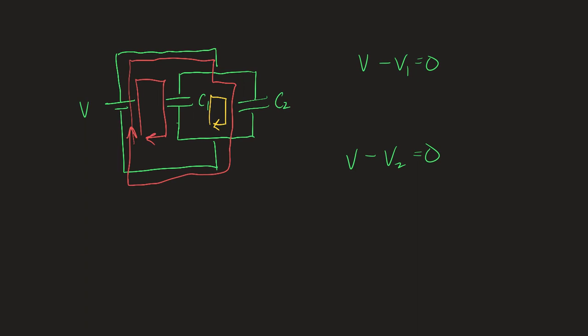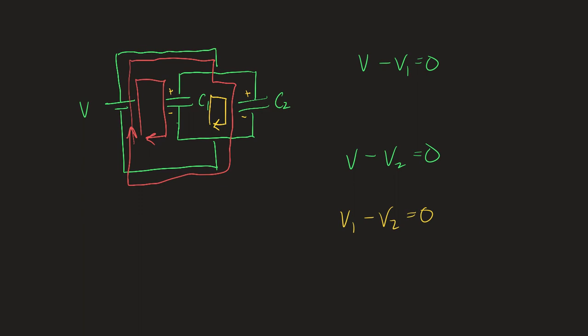But it still must work, meaning V1 minus V2 is going to have to be 0. And I'm choosing one of them to be positive and one of them to be negative because I'm pretty sure these plates are going to be positively charged and these plates are going to be negatively charged. When I go from the negative to the positive plate on a capacitor, that should be an increase in voltage.